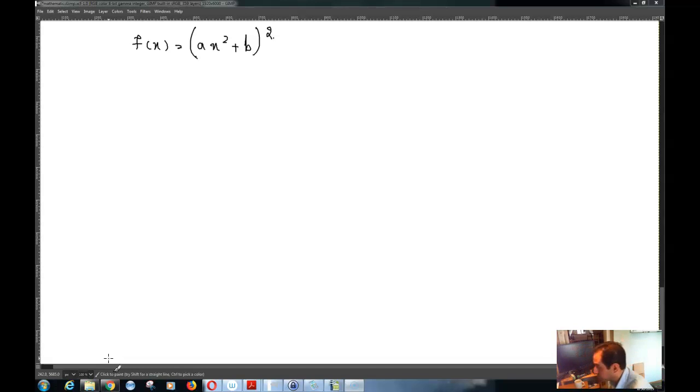Okay, so about this function, basically we said that d by dx of x raised to the power n is equal to n times x raised to the power n minus 1.